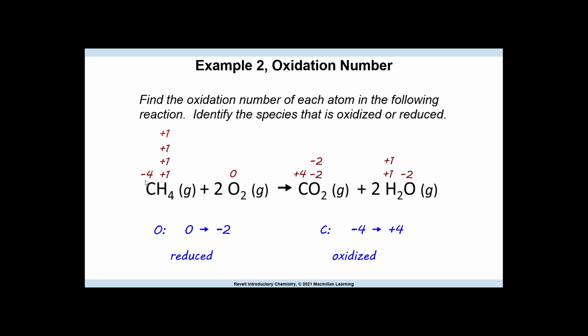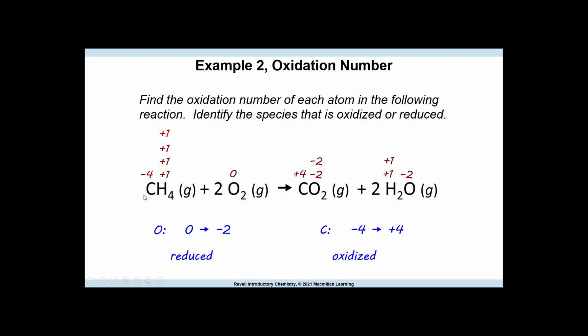So we assign it a -4. In carbon dioxide, we see that oxygen has a -4 because -2 and -2. What I do is I write a -2 times 2 is -4. And that means that this has to be a +4 in order for this compound to be neutral.